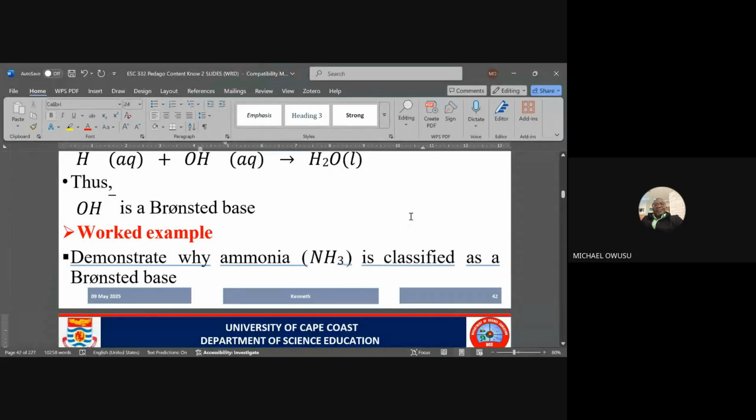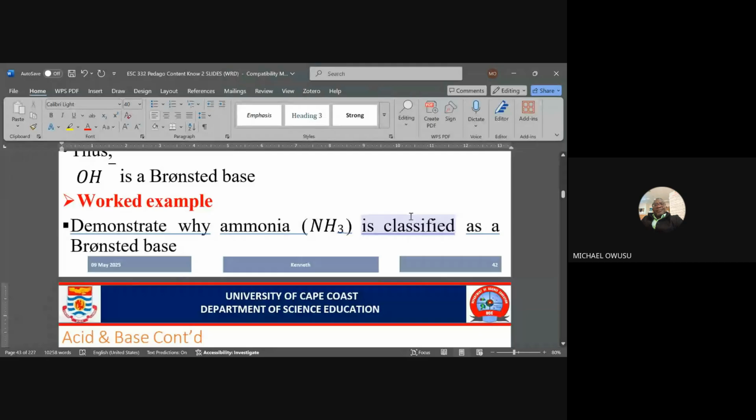There is something I want you to look at. Demonstrate why ammonia is classified as a Bronsted-Lowry base. That's the question: why is ammonia considered a Bronsted-Lowry base? You have one minute.